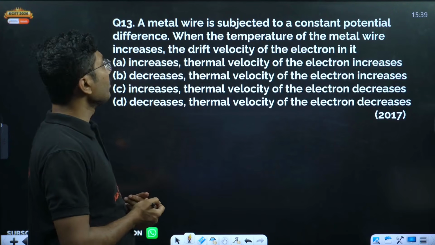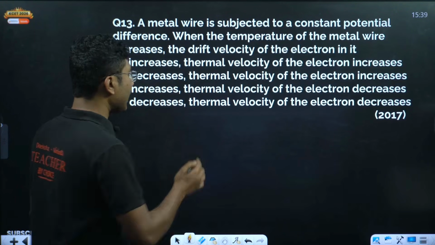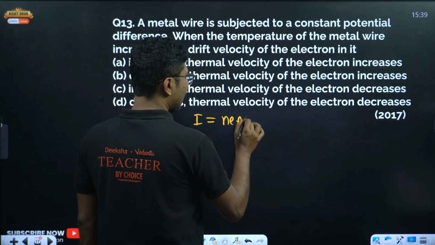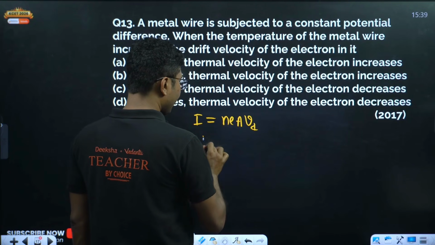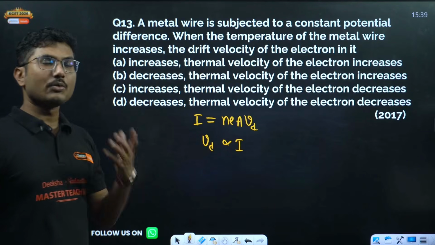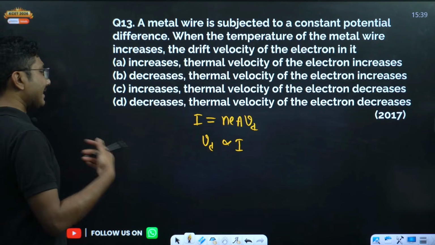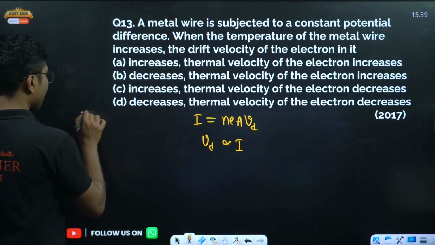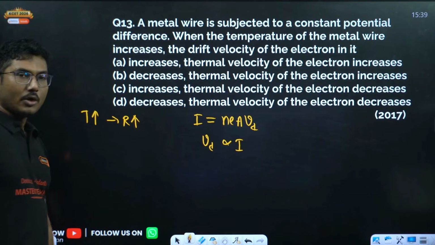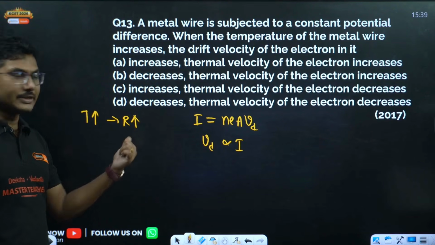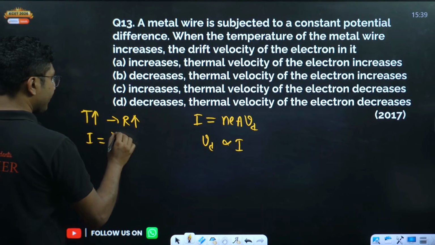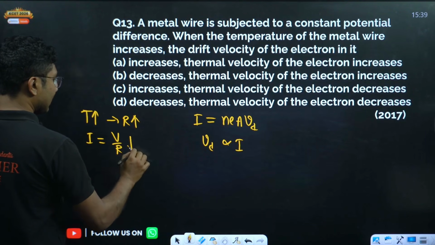Now what about drift velocity? We know that current in a circuit is n e A into v d. So drift velocity is proportional to current. Now let us understand what happens when we increase the temperature. When we increase the temperature, the resistance of the conductor increases. That means current in a circuit, which is given by V by R, decreases.